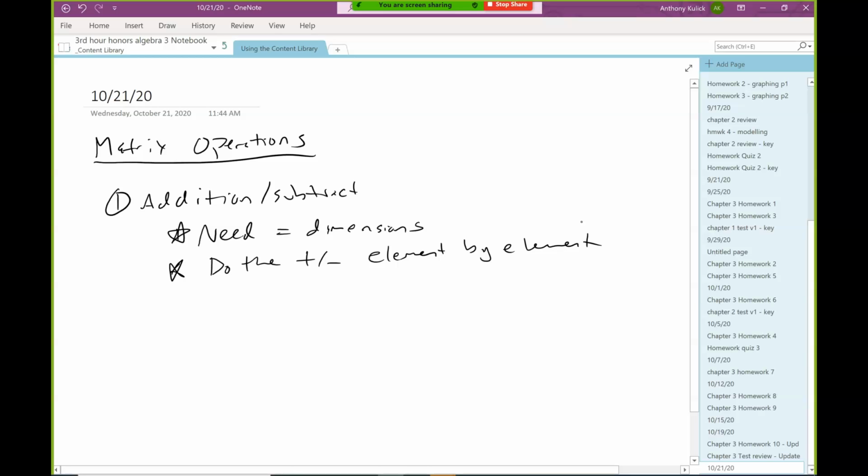To be able to do addition or subtraction, we need to have equal dimensions. And we're just going to do that addition and subtraction corresponding element to corresponding element, right? So we add the row 1, column 1 things together, add row 2, column 1 things together, et cetera, et cetera, et cetera.